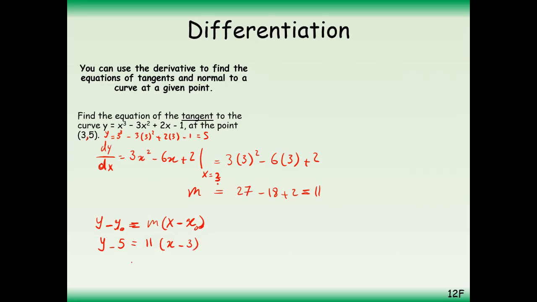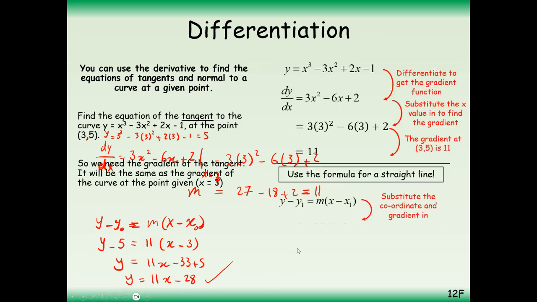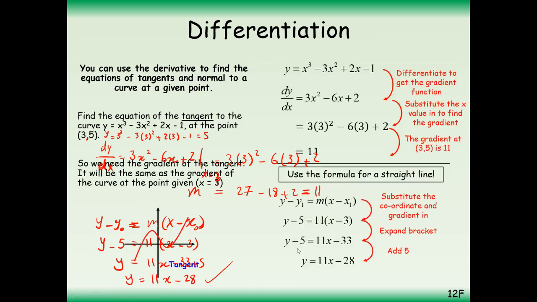So then this will give us 11x minus 33 plus 5 equals y. So finally, the equation of the tangent is 11x minus 28, I believe. Yes. Okay, so let's see if I'm right or wrong, and I am almost always right. So the tangent has that equation there.